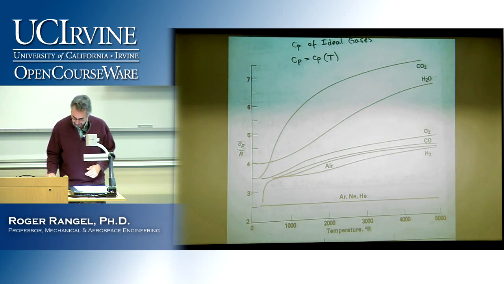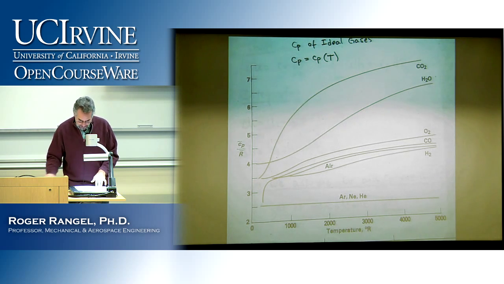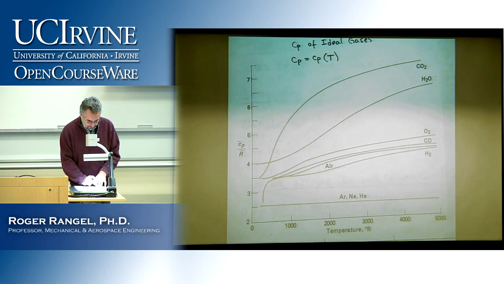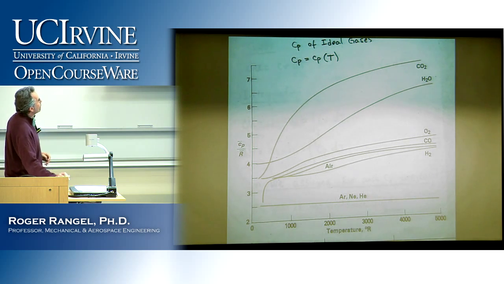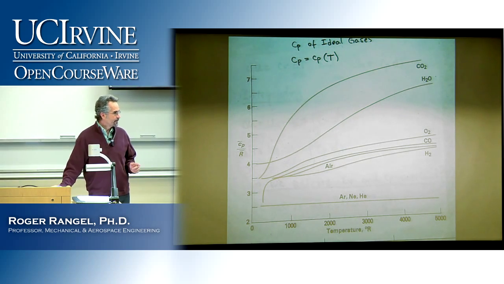Look at the curve for air. It's the one that starts here. You can see a little tail of it right here. So it goes like this. Can you assume that it is constant? It depends.